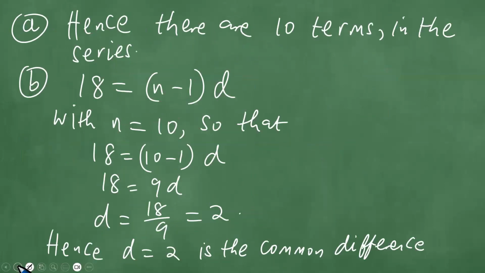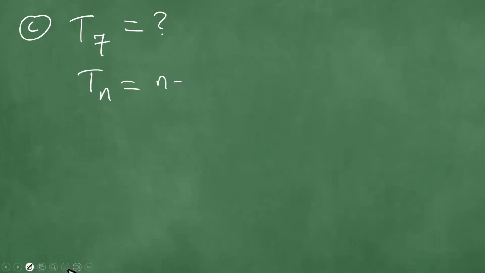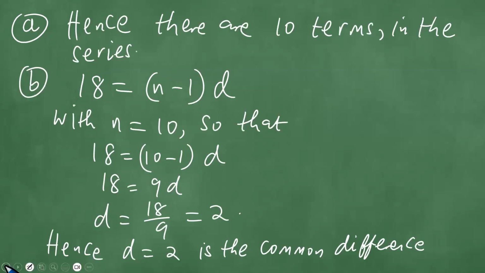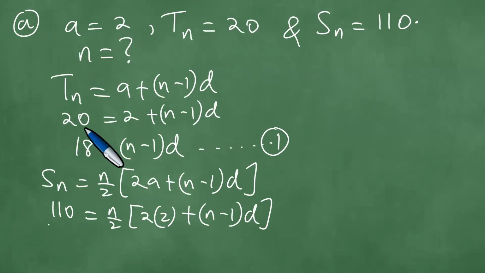Now to get the 7th term in part C, let's call it T sub 7. Tn is a plus n minus 1 into d. We're looking for T7, and the first term is 2.